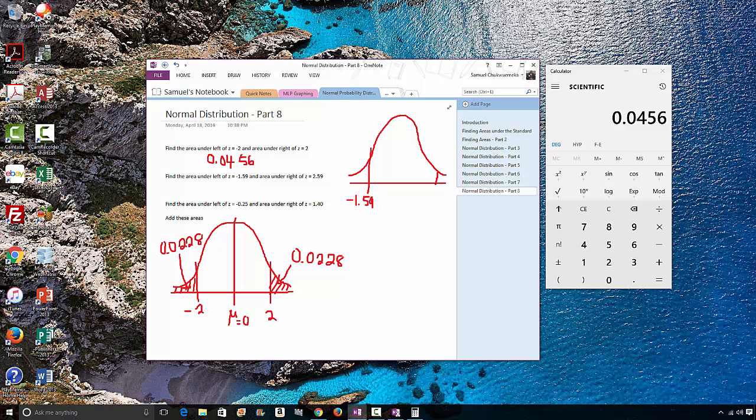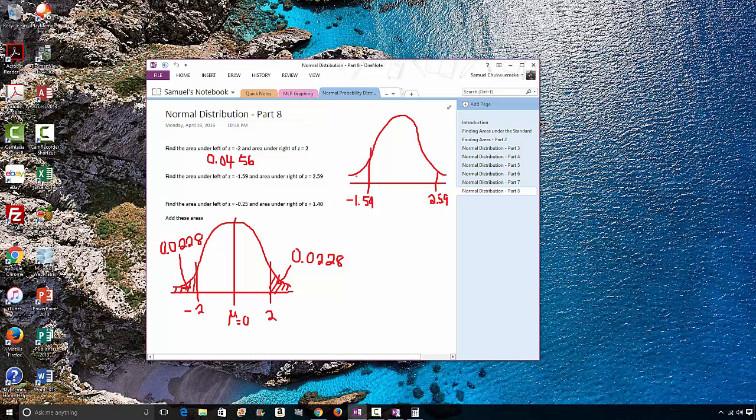In this case, this is not symmetrical at all. The previous one was symmetrical because it was negative 2 and 2, so the areas were the same. But this is not symmetrical at all, so we have to find this separately. They want us to find this area right here, and this area right here.